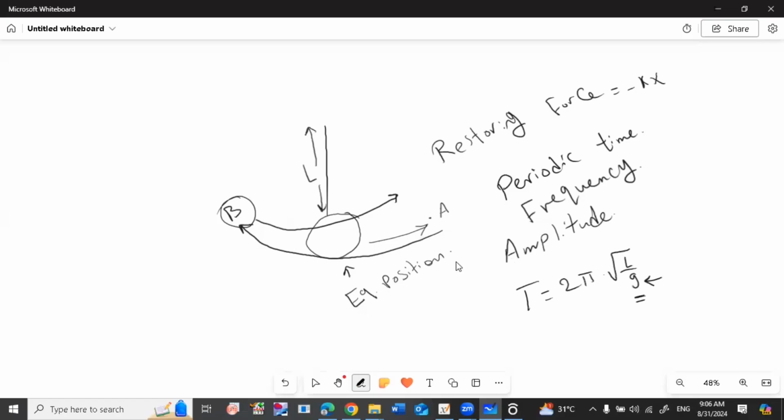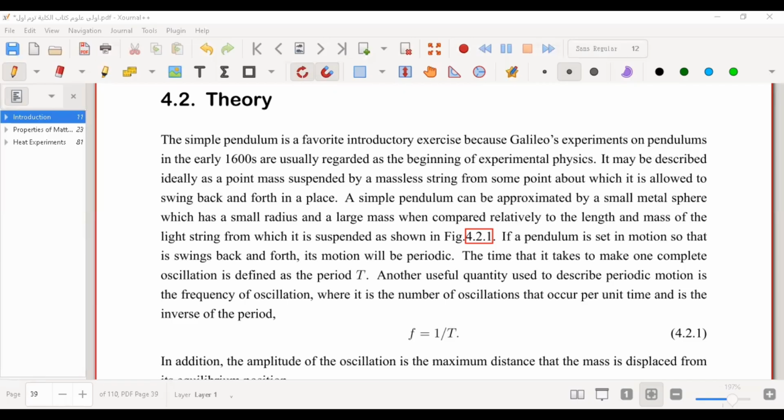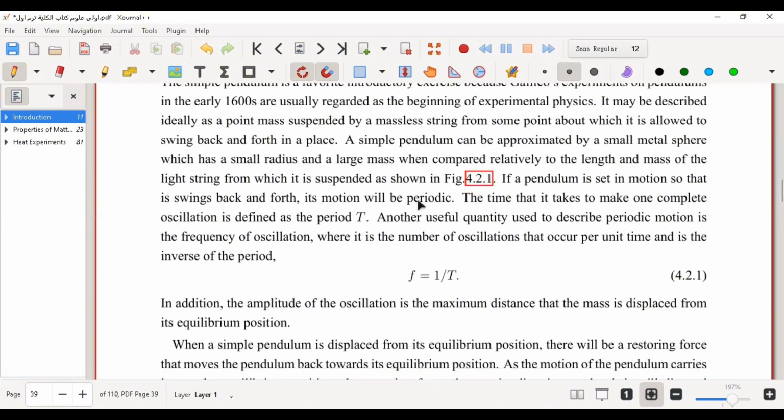By looking here, we will find in this series some general information, like the simple pendulum history that started from Galileo's experiment, and other general information like the periodic time and frequency.